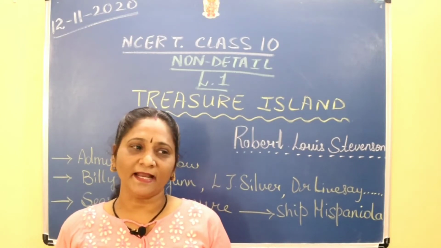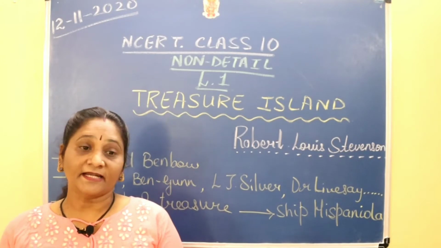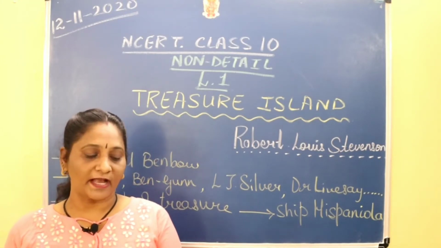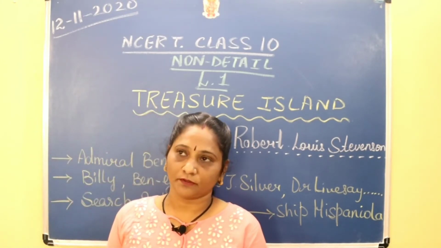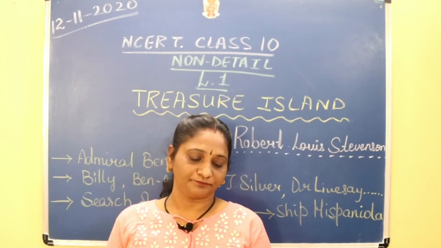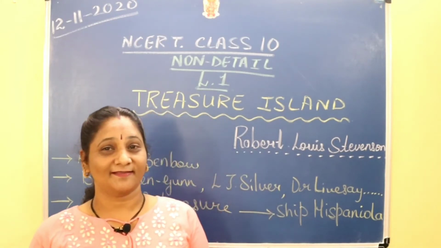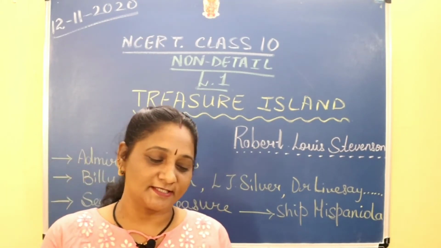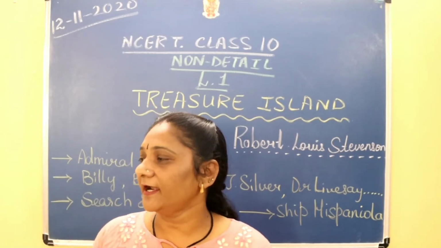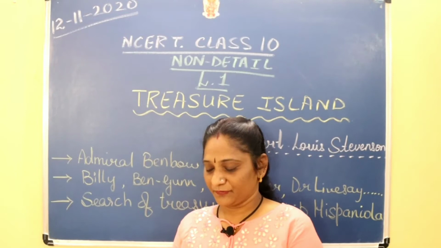So Billy told him that black spot was a pirate summons, and that he had been a crew member of Captain Flint's crew. So he told Jim that he feared those men, as they would steal his sea chest. His sole possession was the sea chest. So he was afraid that these people will come and steal his sea chest.